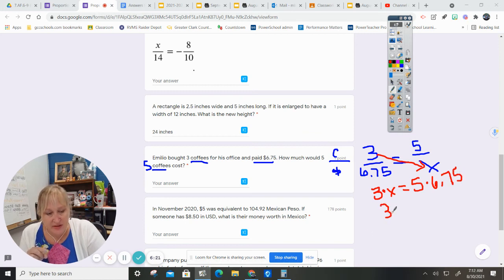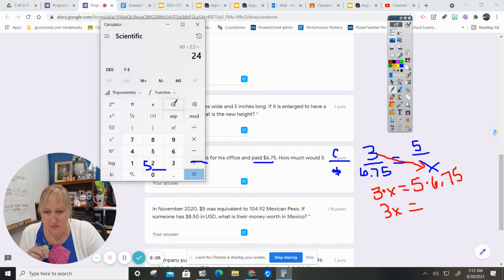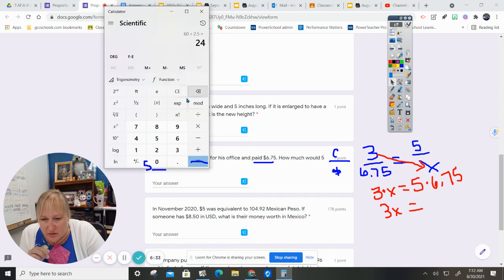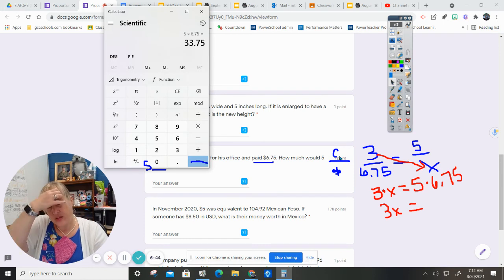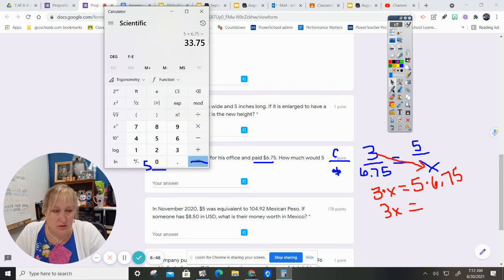I get 3x equals 5 times 6.75. Calculators would be best if they would work. So 5 times 6.75 equals 33.75. And in case you have not realized by now, I've got to use that inverse property and move it to the other side.